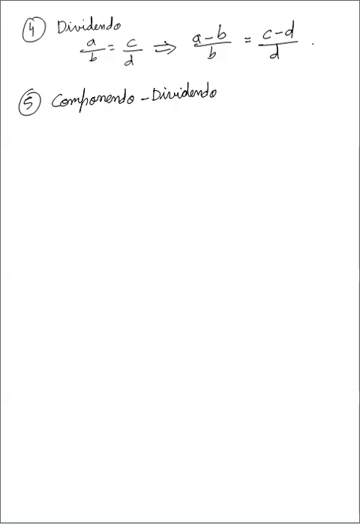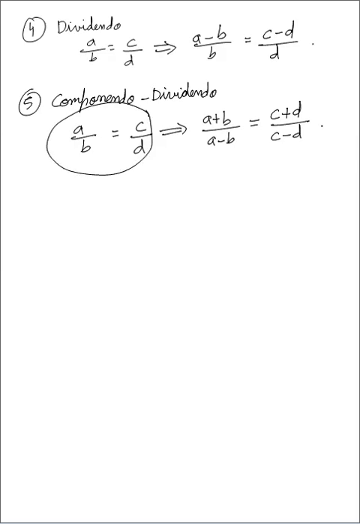Suppose I have A by B is equal to C by D. In this situation, A plus B upon A minus B is equal to C plus D upon C minus D. Okay, you can try by taking any numbers, any ratio, but see that the basic condition is satisfied, that is, A by B should be equal to C by D.